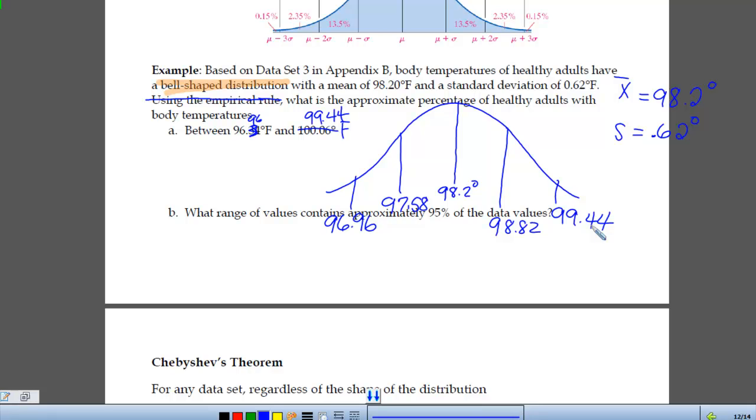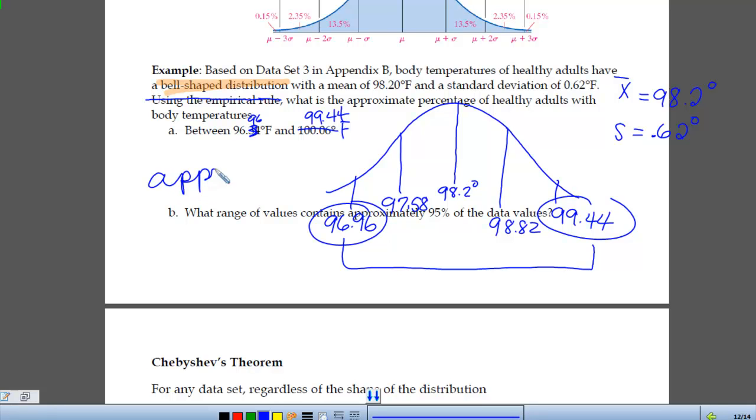These are the numbers that we're interested in. And how many standard deviations are they from the mean? 2. And so the empirical rule says within 2 standard deviations of the mean, we have approximately what? 95% of our data.